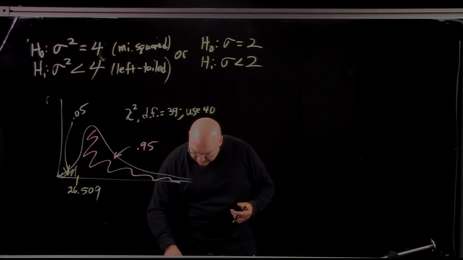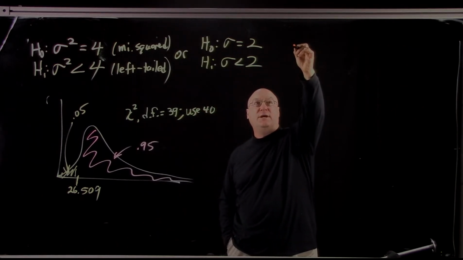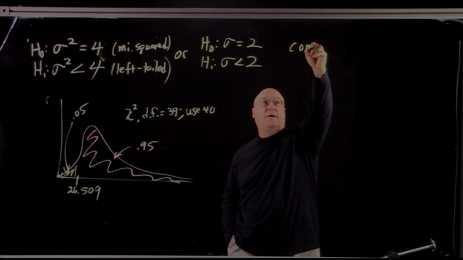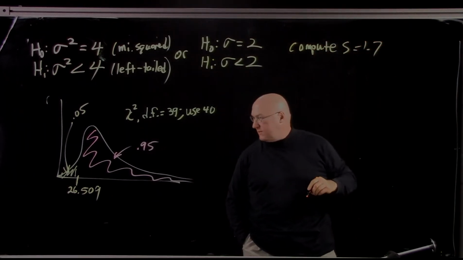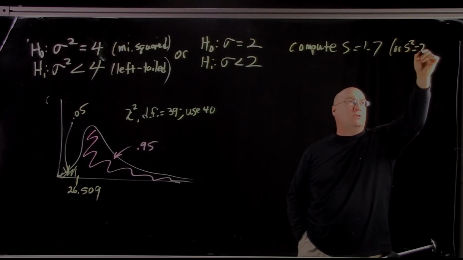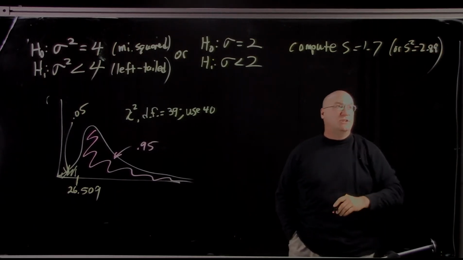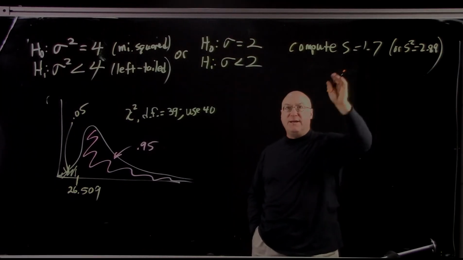In our sample we get, let's see, I say our sample standard deviation comes out to be 1.7 miles. So we compute s equal 1.7. Or we could say s squared is 2.89, which is just 1.7 squared. It doesn't matter which you're thinking of here, right? But we get that as our standard deviation.